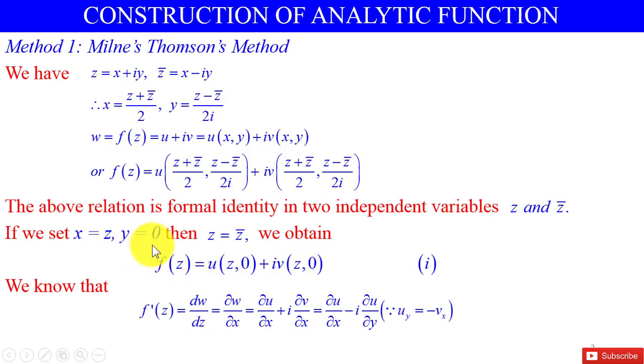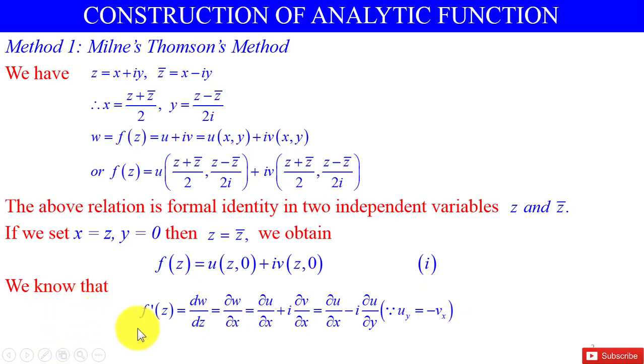So here y is equal to 0 and x is equal to z, so z minus z bar is equal to 0. Therefore, f of z is equal to u of (z, 0) plus i v of (z, 0). This is equation number 1.